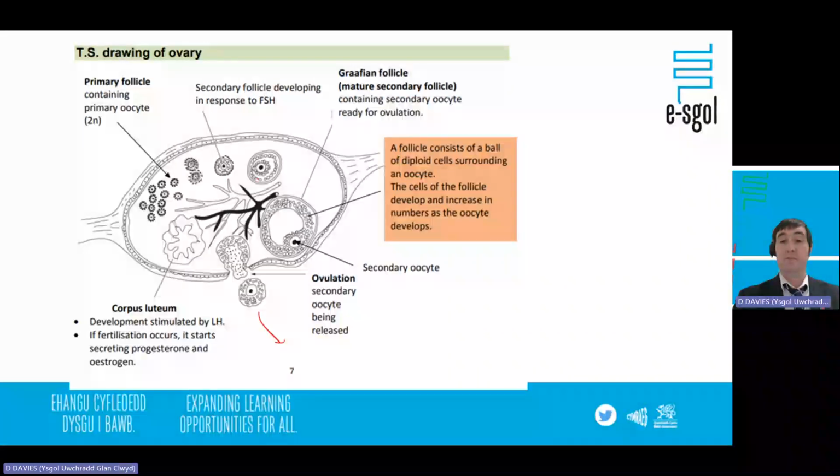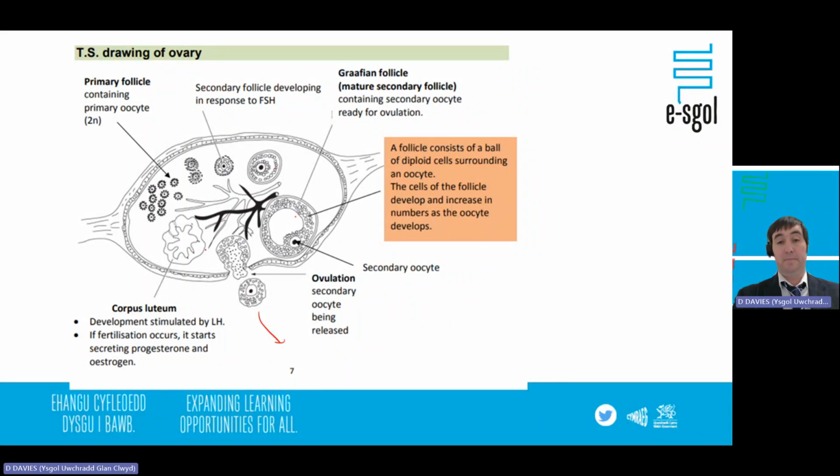During a woman's monthly cycle, a secondary oocyte is going to be ovulated, but there's going to be a sequence of Graafian follicles, secondary follicles and primary follicles all developing. So this is like a little conveyor belt of secondary oocyte production.